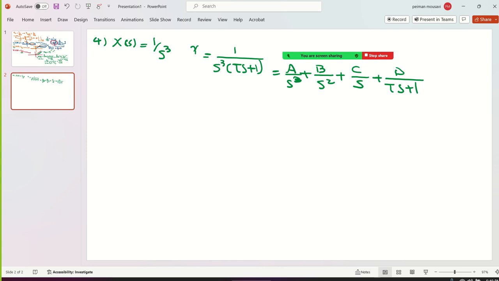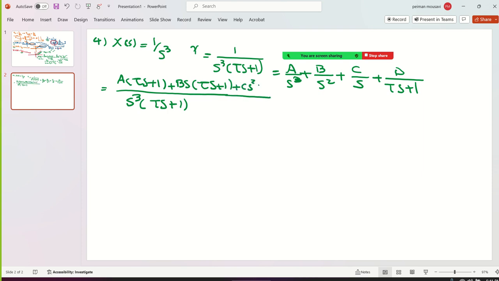And you can write this simply as 1 over s cubed times tau s plus 1, and now it's going to be a times tau s plus 1, plus bs times tau s plus 1, plus cs squared times tau s plus 1, plus ds cubed. That's right.